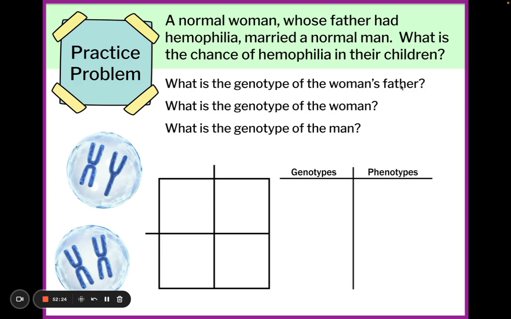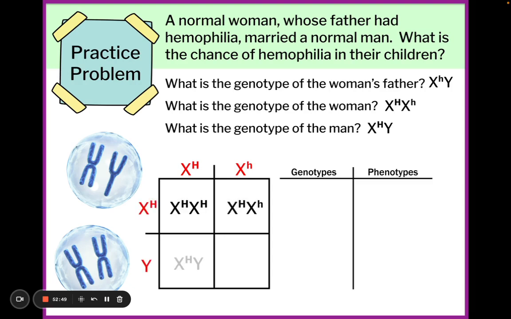Therefore she has to be heterozygous, and she is a carrier, and she married a normal man. Remember, men are XY, so he has to have X big H Y. So this is how we set up the cross. That's the female, that's the male.